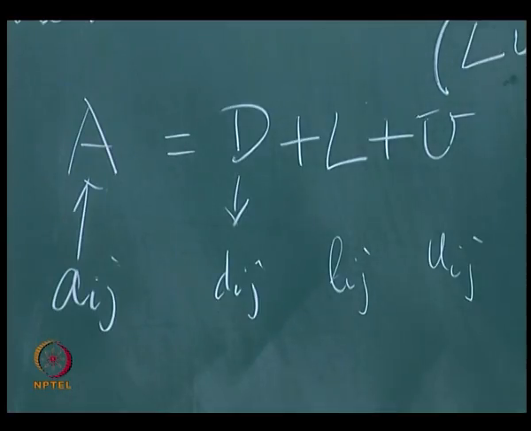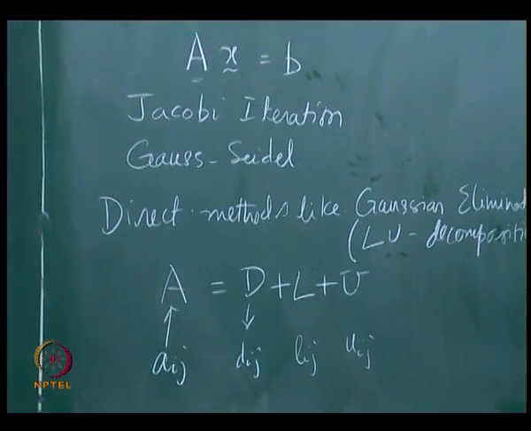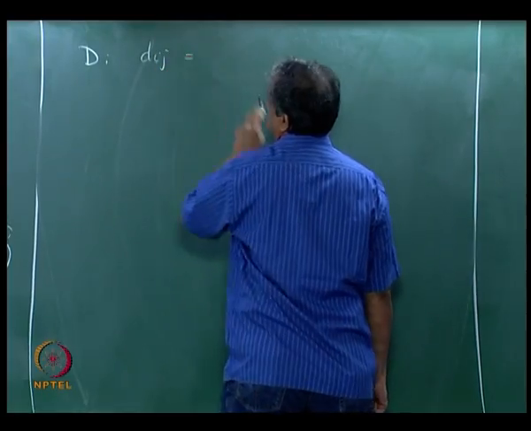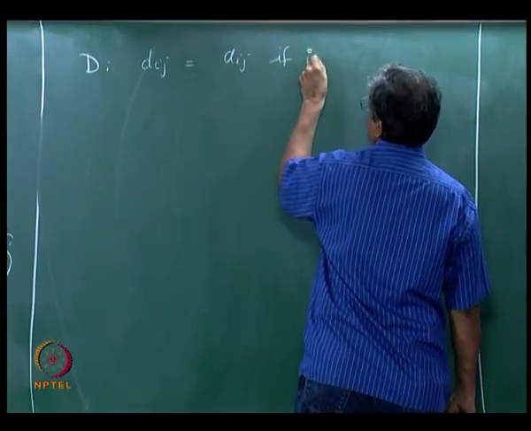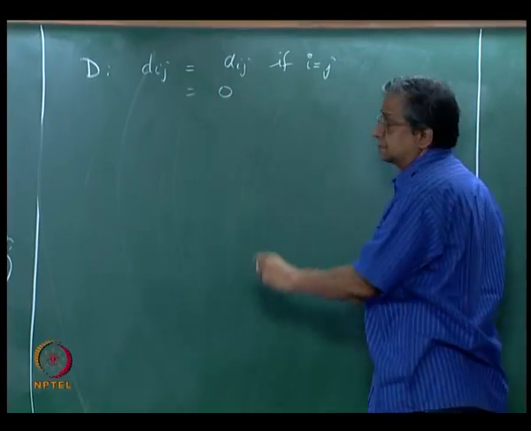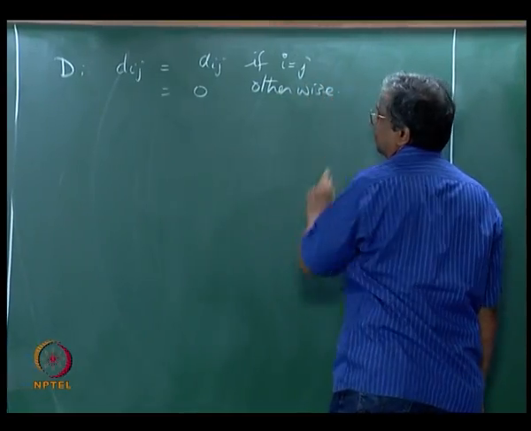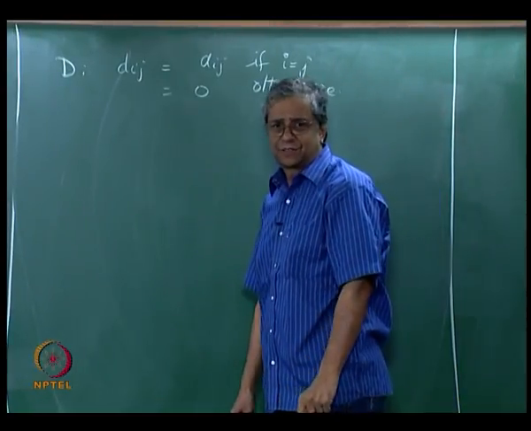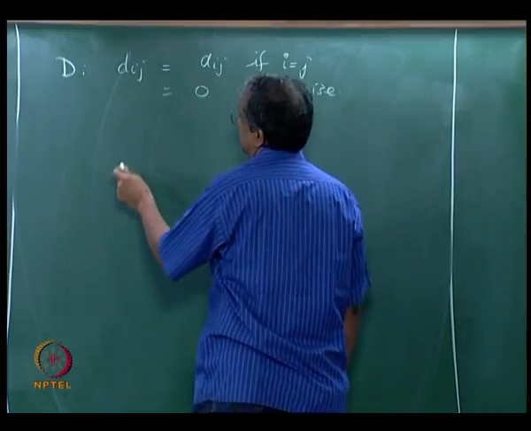I am defining my D as the diagonal terms. How am I defining D? Dij equals Aij if i equals j, 0 otherwise. For those of you who have already seen upper triangular and lower triangular matrices, this may just be a repeat, but for completion let me just write this out.